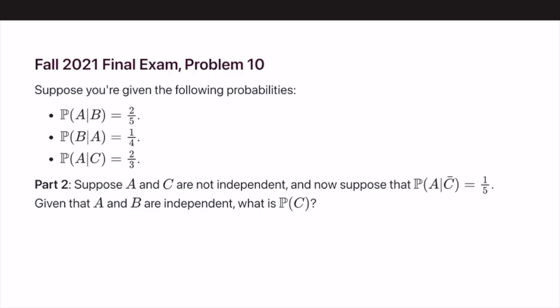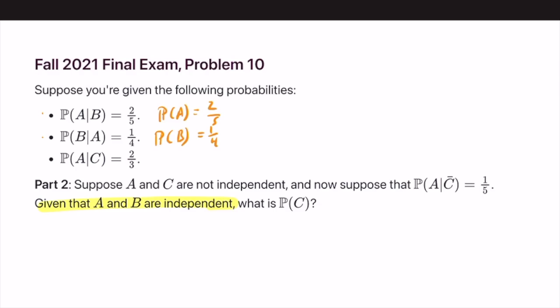Here's the first thing that we can do real quick. Given that A and B are independent, we can work on these two. So the probability of A is equal to 2/5, and the probability of B is equal to 1/4.